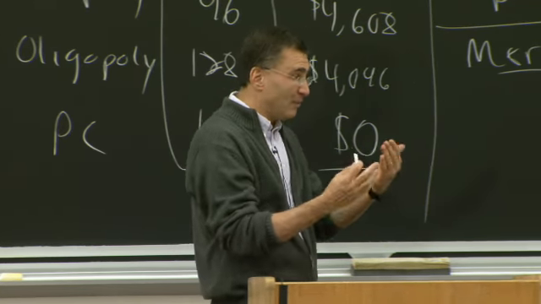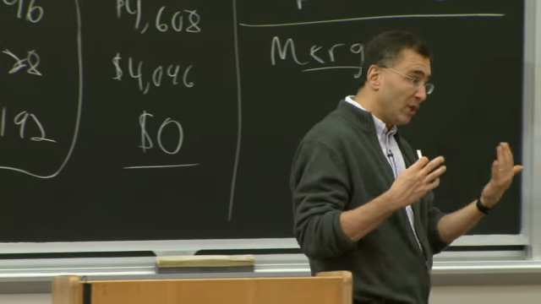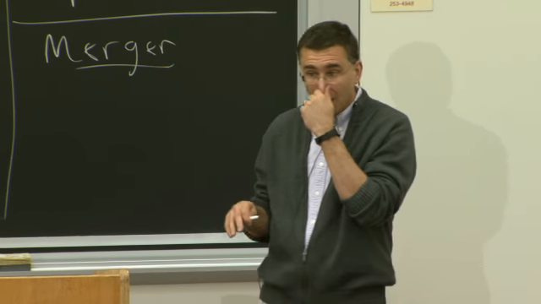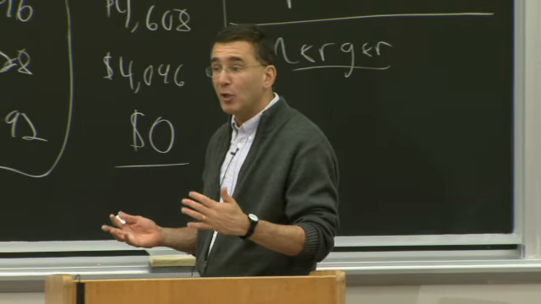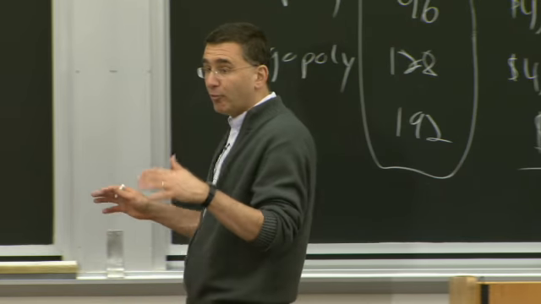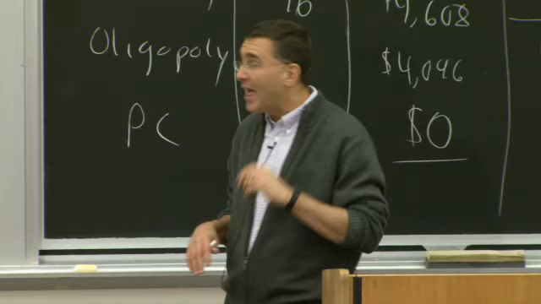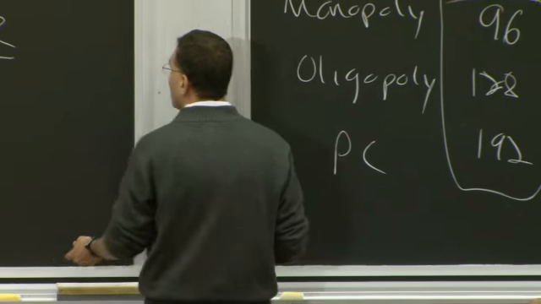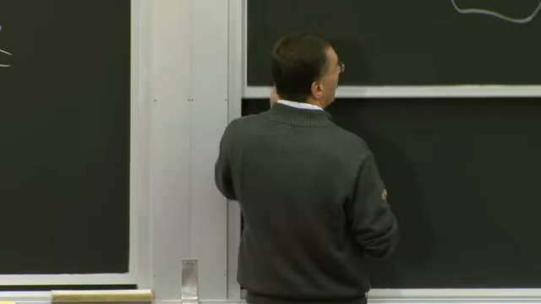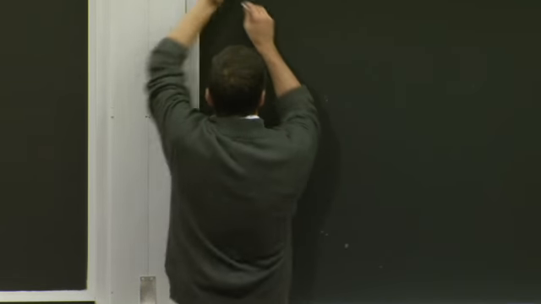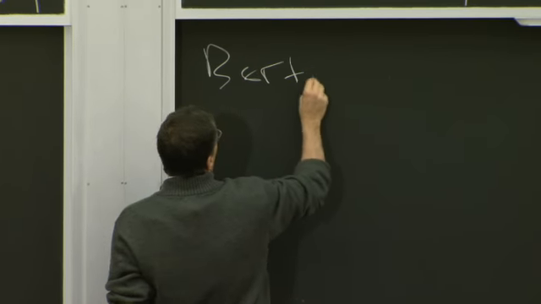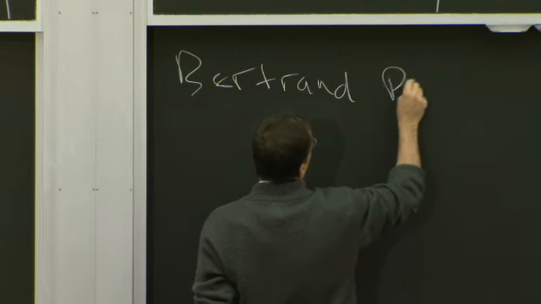It'd be, well, they just compete over the price. And if there's really tough competition, the price would just come down. In the limit, if they're incredibly good competitors, the price would have to come down close to marginal cost. Well, that is a different model of competition that we call Bertrand, or price competition.